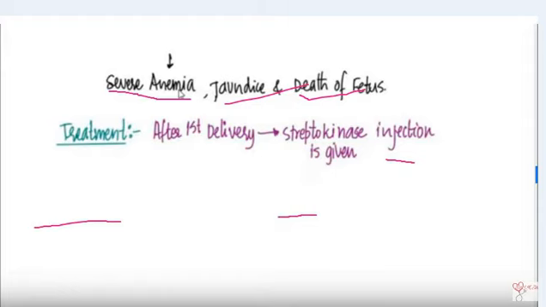Due to this, fetal RBCs are destroyed and it causes severe anemia, jaundice, and sometimes death of the fetus. What is the treatment to get rid of these clinical features? We have to give streptokinase injection. The mother is given streptokinase injection after the first delivery. This is all about the clinical features of blood group.